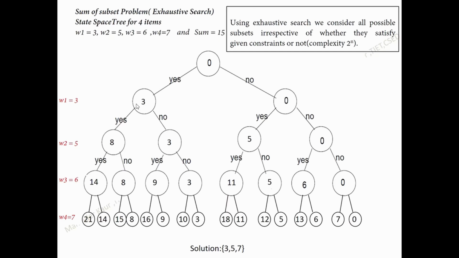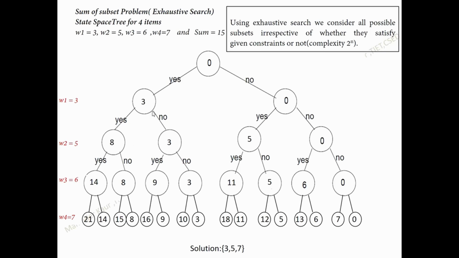And when you move further, you will start looking for the second value, that is 5. If you are choosing that value, you take the left branch. Now the node weight will be equal to 3 plus 5, that is 8.